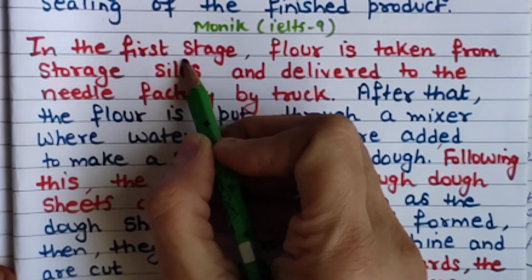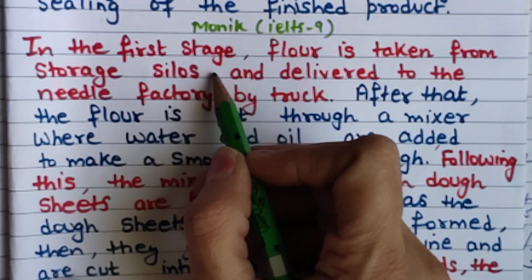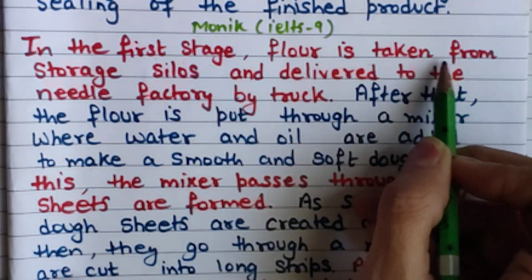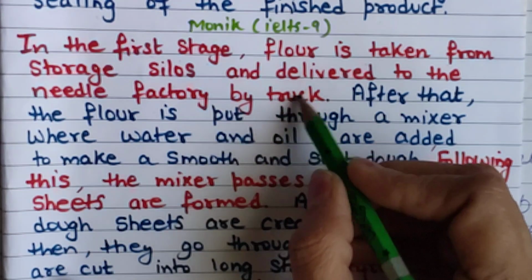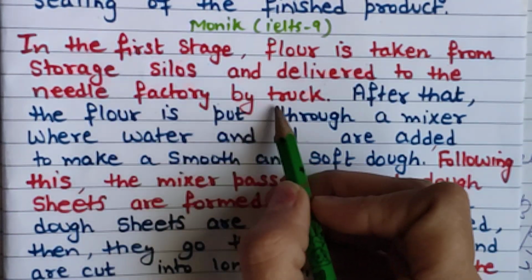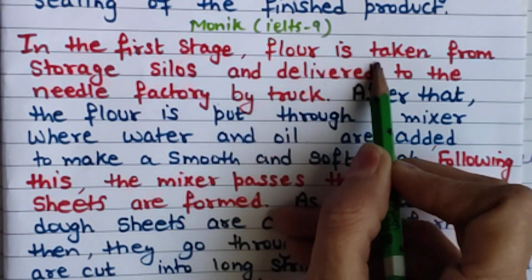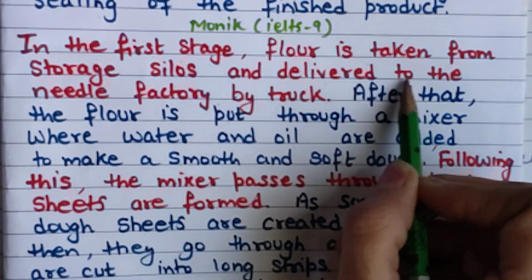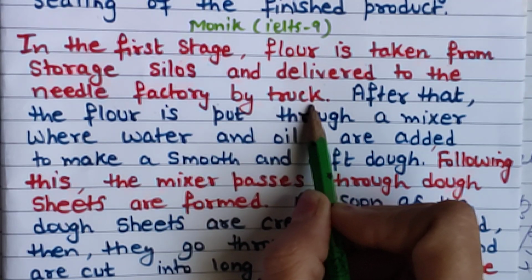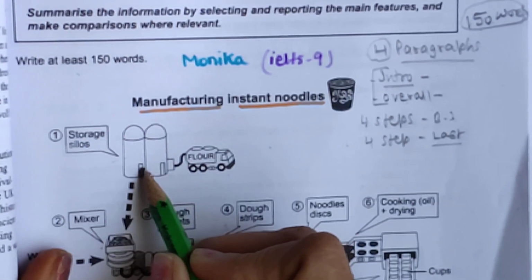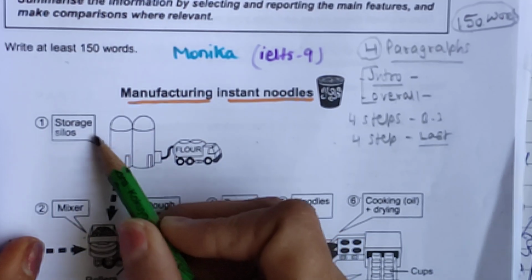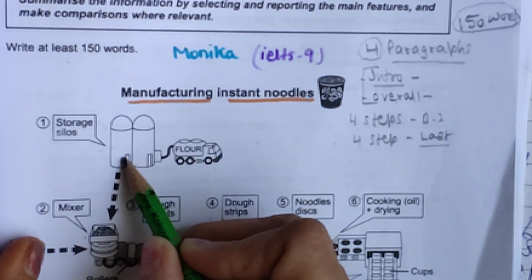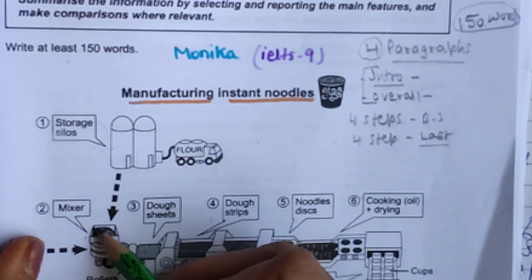In the first stage, each and every step we have to explain. In the first stage, flour is taken from storage silos and delivered to the noodle factory by truck. That is the first step. Flour is taken from the storage silos and transported to the mixture.